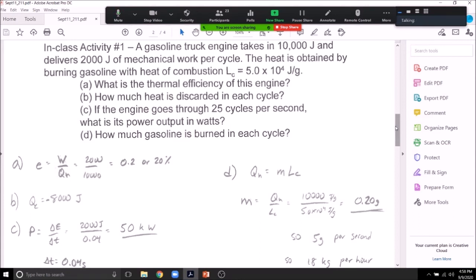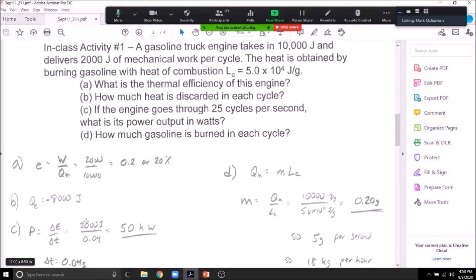All right. If the engine goes through 25 cycles per second, what is the power output in watts? Okay, remember, watts is joules per second. So each cycle is 2,000 joules. And if you have 25 cycles per second, that means one cycle takes place in 0.04 seconds.